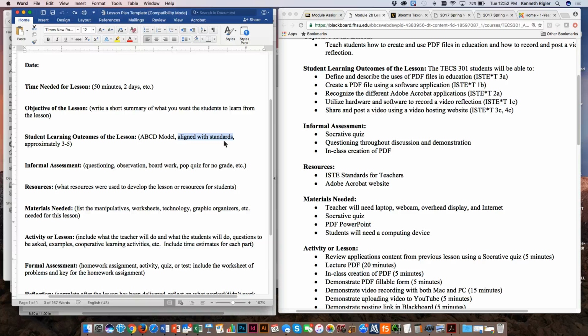Right? I'm not a math teacher. You can tell. Okay? Multiply using 7s. Is there going to be a math standard that fits that? Yes, there's going to be a math standard that says students will know their multiplication tables or something like that. So that would be what you would reference in terms of your outcome and you're going to list that standard. So in this case, you will list Common Core 3.4.1, and there'll be a number there that you use.